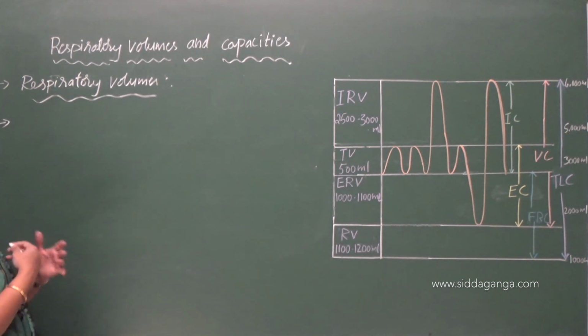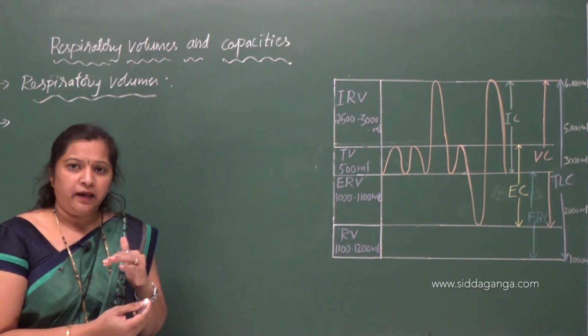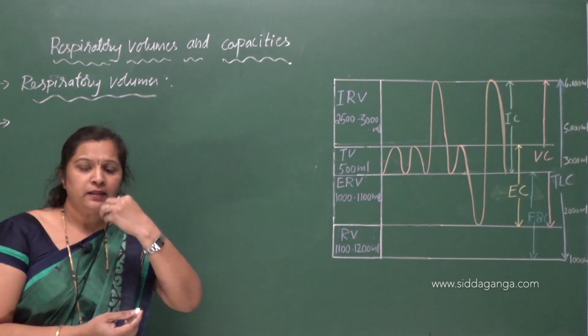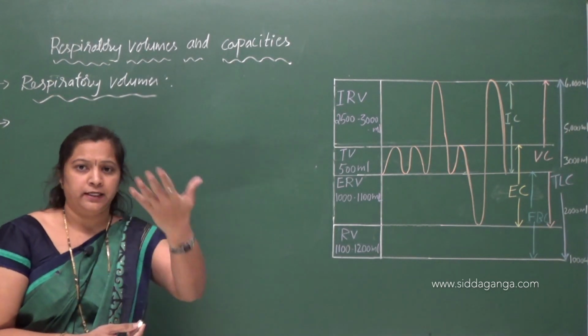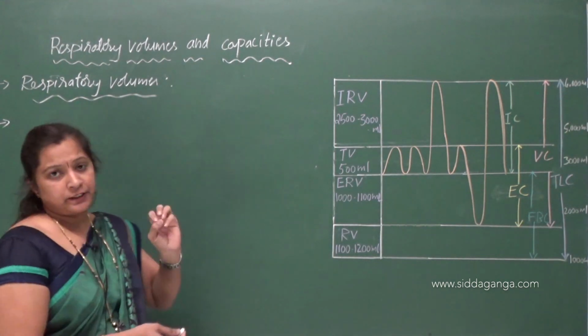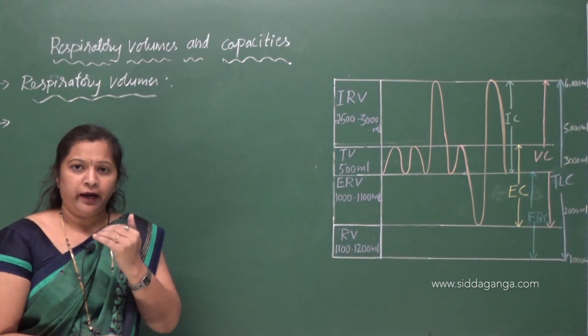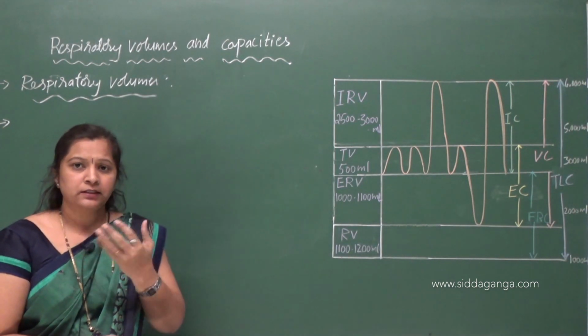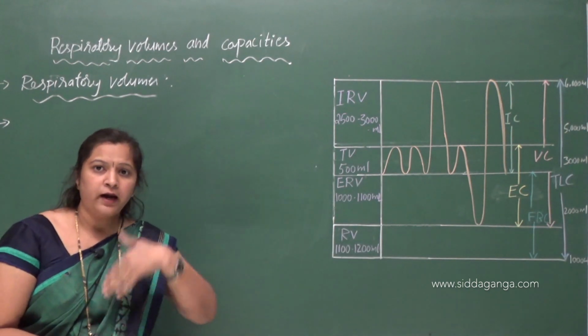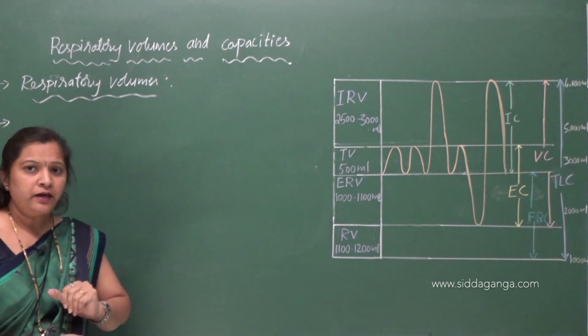Respiratory volume is the quantity of air which our lungs can receive, hold and expel under different conditions. So respiratory volume is the quantity of air which our lungs can receive, hold and expel under different conditions.